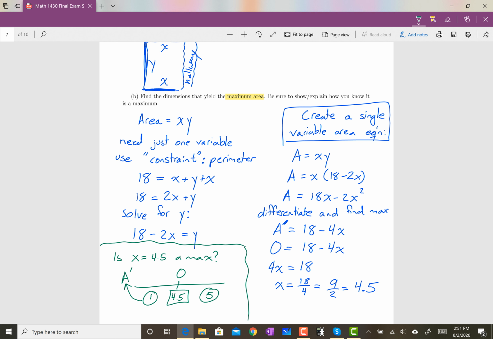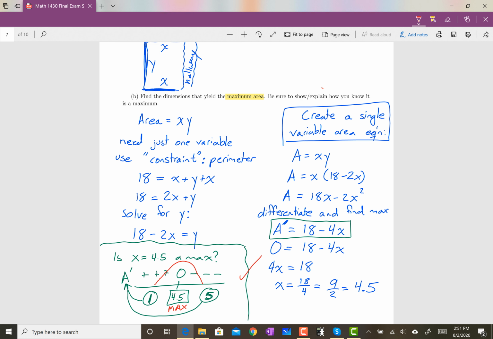We plug these into the derivative. If x is 1, I have 18 minus 4 times 1, which is positive. If x is 5, I have 18 minus 20, which is negative. So I am increasing and then decreasing, so I must have a max at x equals 4.5.